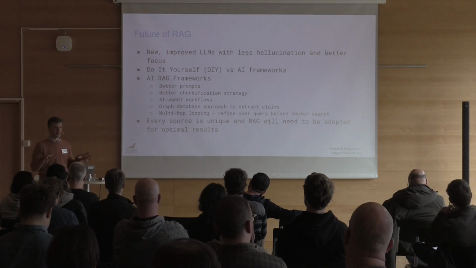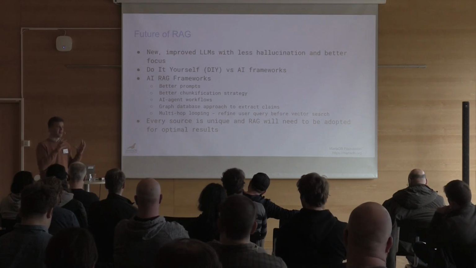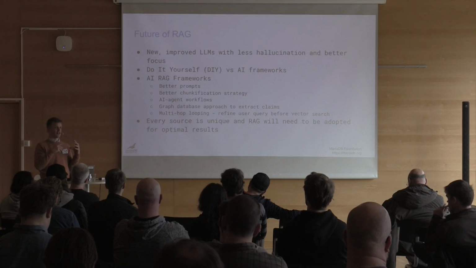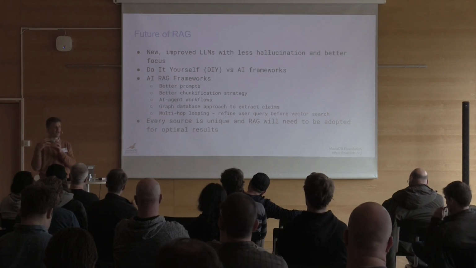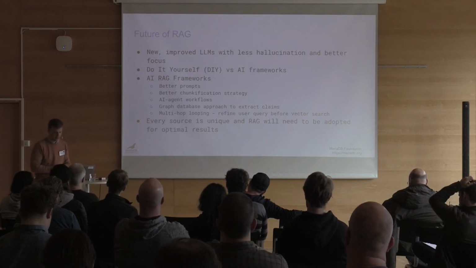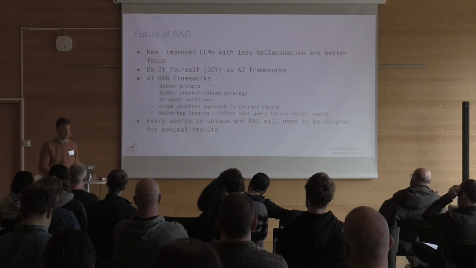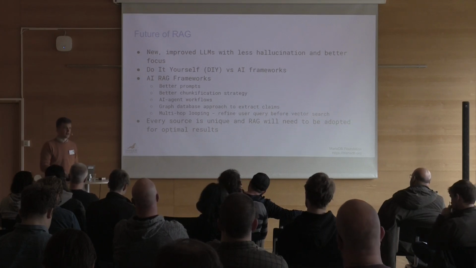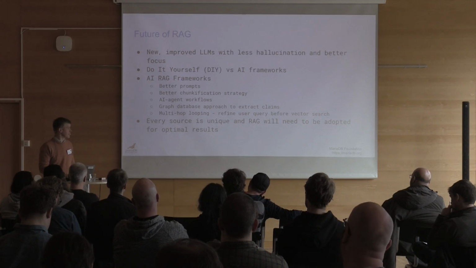You type in something, but that question as such is a bad input to get the answer. So you first ask the LLM to refine what you should be looking for, and then you search for the right context to be able to answer that question. But as I put here, every use case is unique, so you need to figure out how to do RAG on your own data or your own book or source or whatever you want to use.